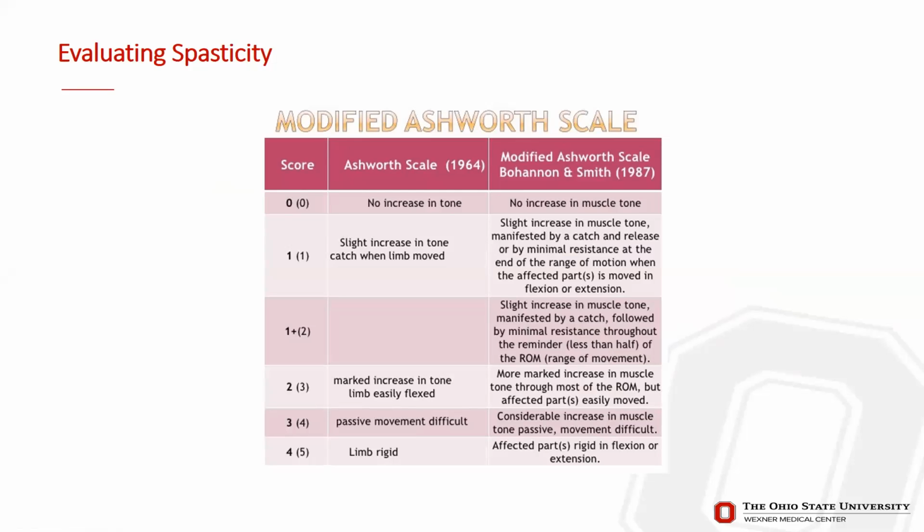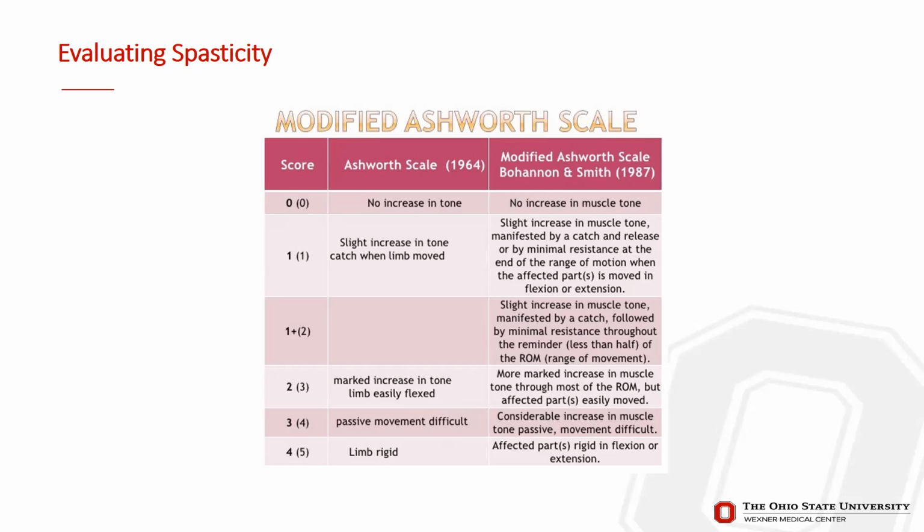When I'm looking at these different movements, I'm looking at how much of a catch I'm getting. Is it releasing? Is it then becoming more tonic? Can I only range the muscle, the arm or the leg, 50% of the time and then I don't have tone, or more than 50% of the entire movement, or is it completely rigid?